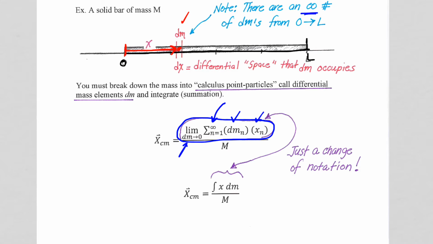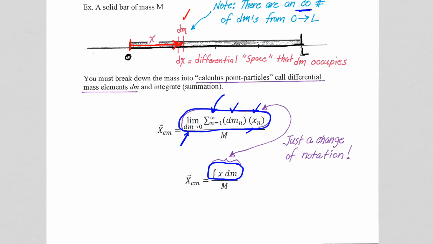Now, the calculus version of that summation is integration, and I'm not going to go through why that works in calculus, but that's our integration of, I just flip-flop the x and the dm, but integral x dm. The integral is the summation of all those dm's. So as far as our problem solving is concerned, we're going to be using polynomial functions if we're given functions, and I have some examples that we're going to look at.